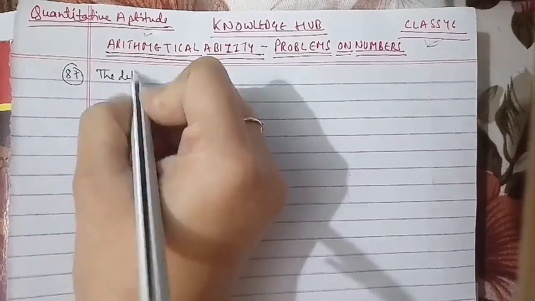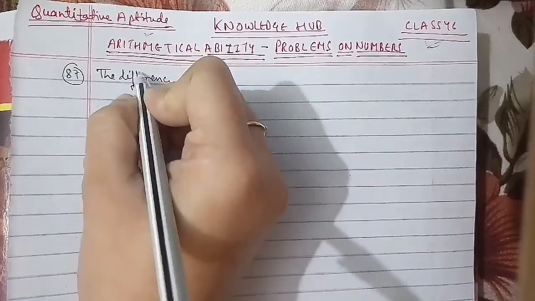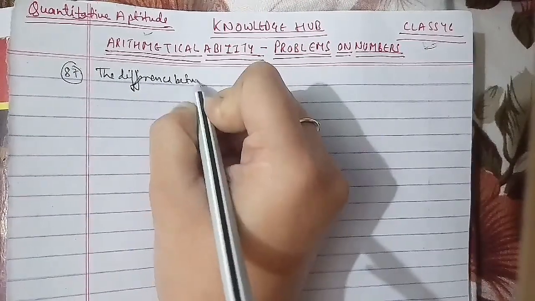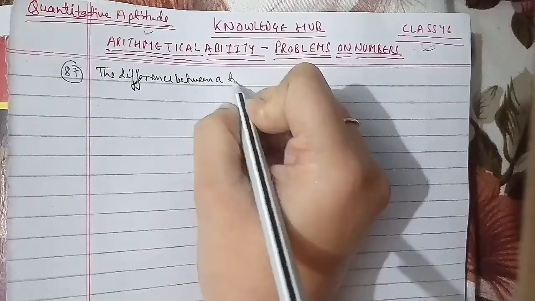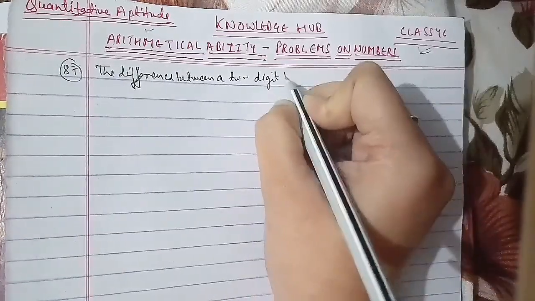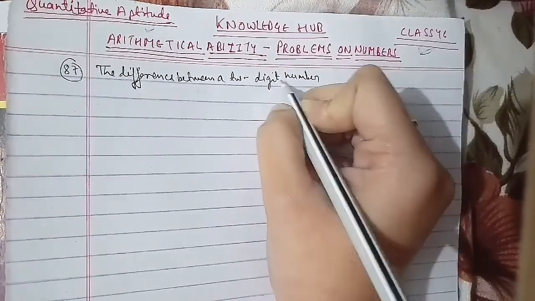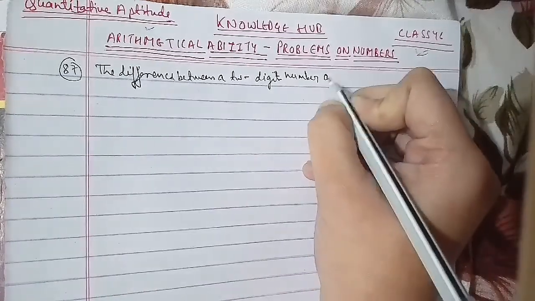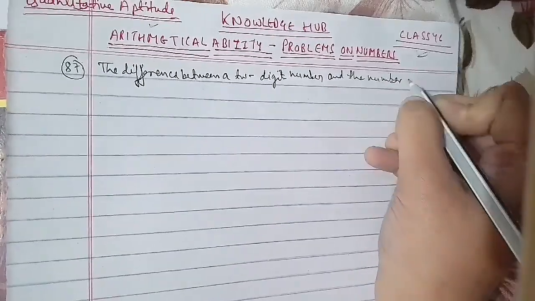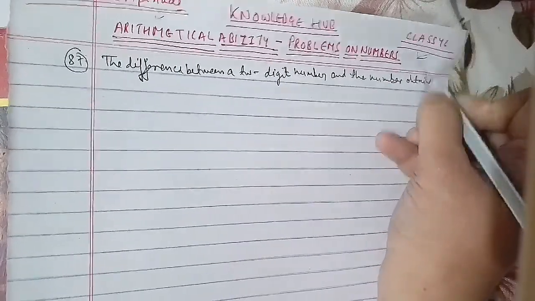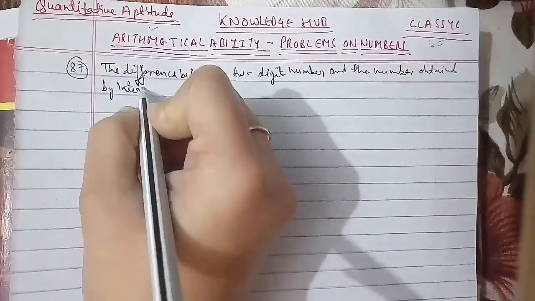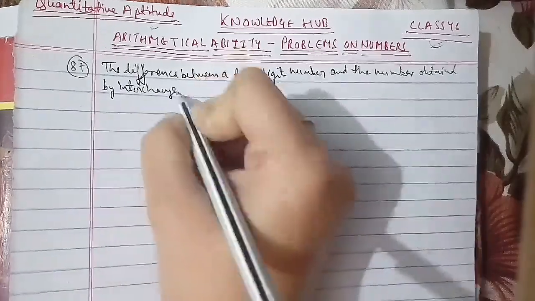The difference between a two-digit number and the number obtained by interchanging the digits is 36.